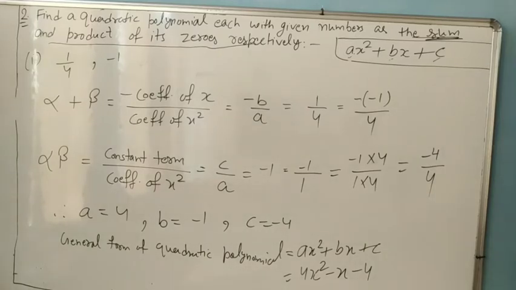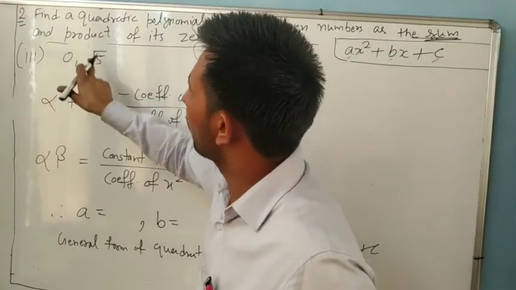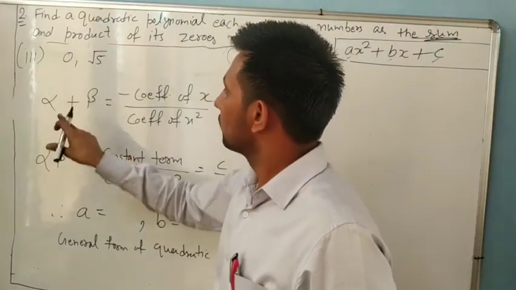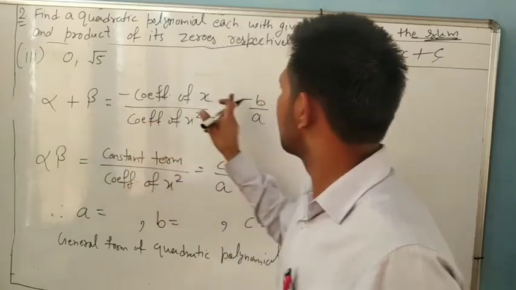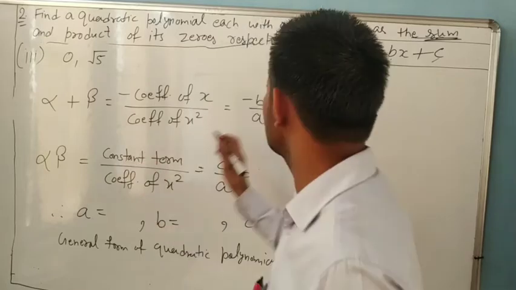One more part, note it down first. Now the third part of the second question. The sum is given 0 and the product is root 5. So alpha plus beta is always minus b by a, the same relation as the first part.